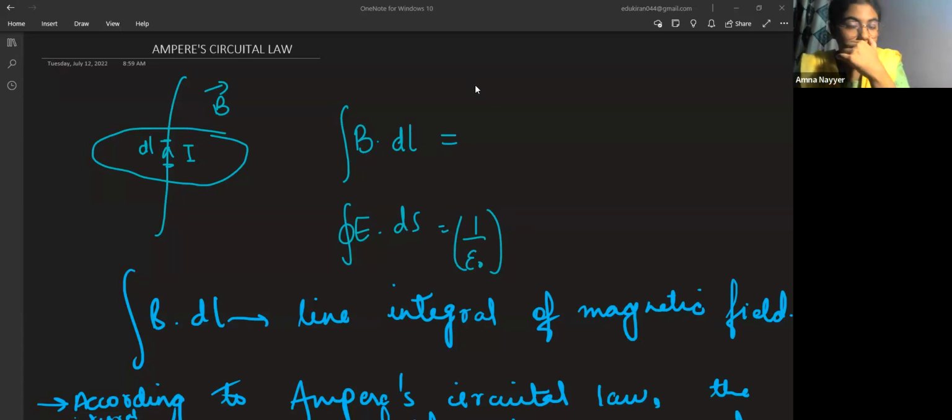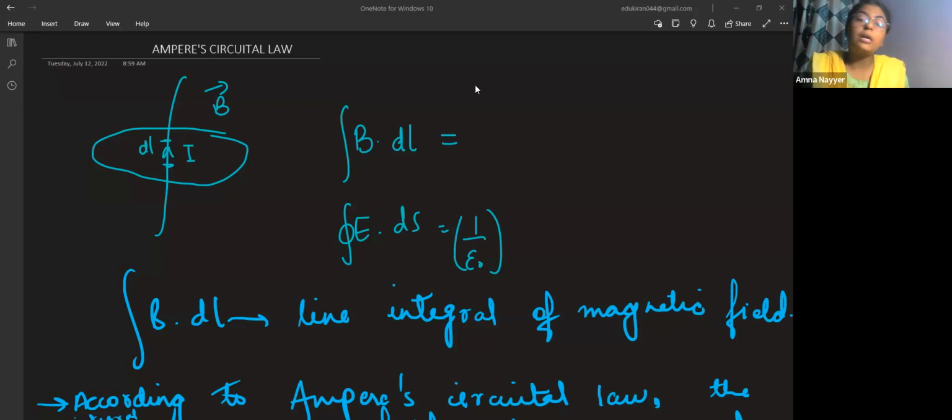Now see, integral of B dot dL means line integral of magnetic field. For a small length, small current element, we know the magnetic field. We are trying to find it for the entire wire. That's why we are integrating it. So integral of B dot dL, that is what we call line integral of magnetic field.